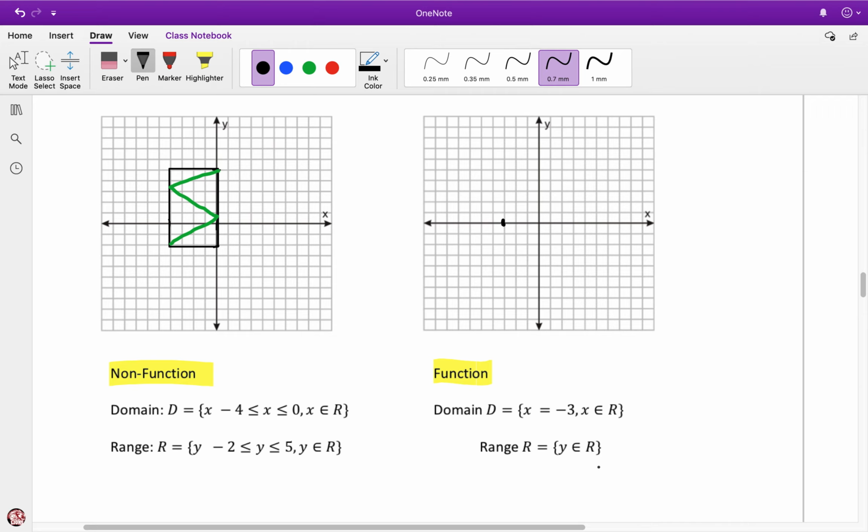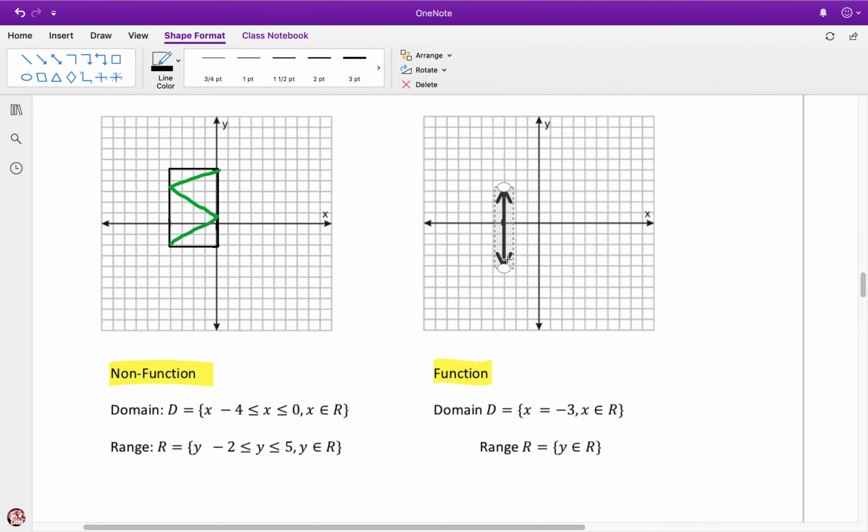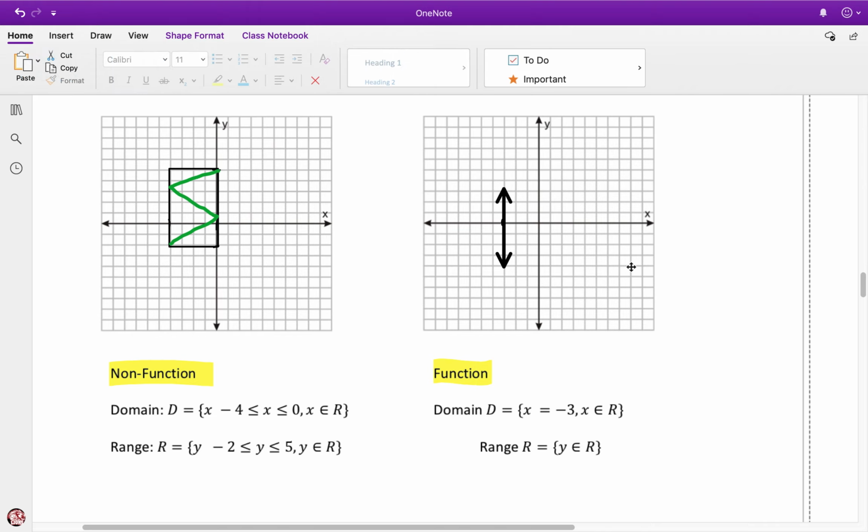The range says any real number, so I can actually put in an arrow, because this would always be equal to negative 3. Plus, it would be every range number, every vertical number. So go up forever and go down forever. That satisfies both.